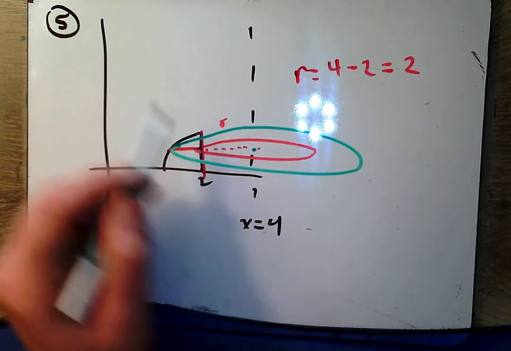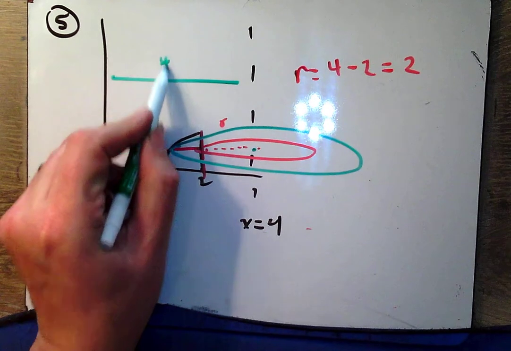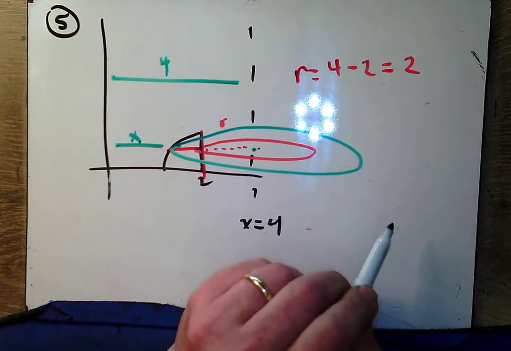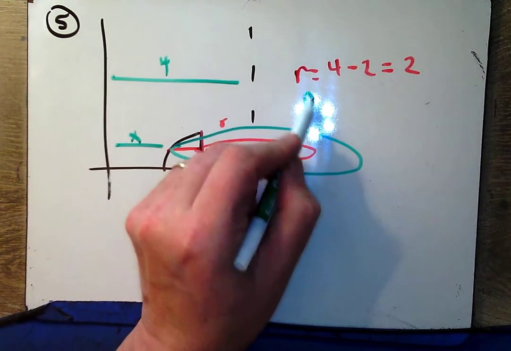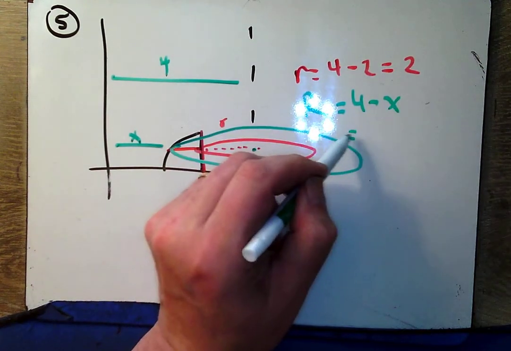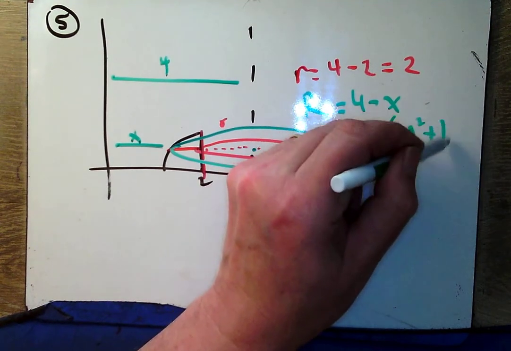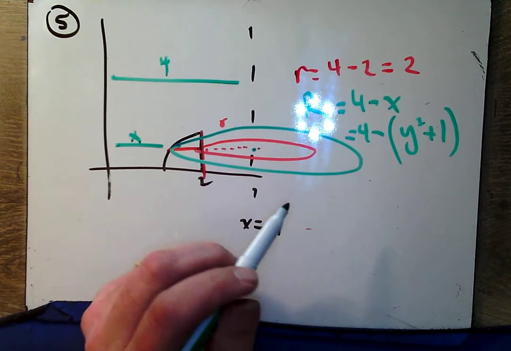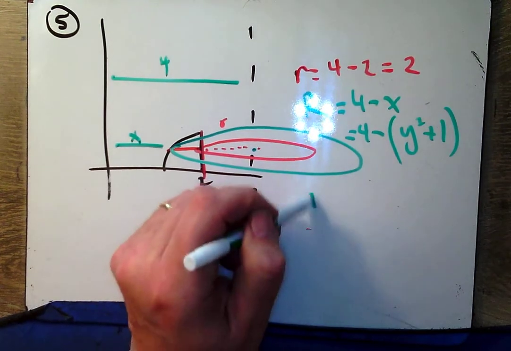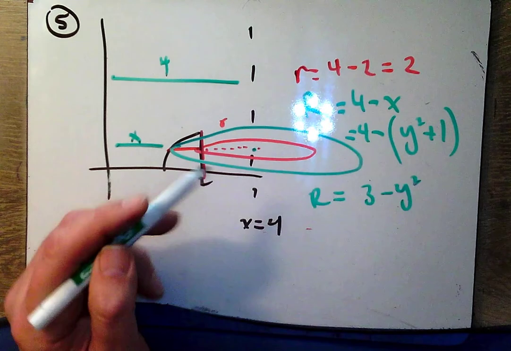It is bigger. So this is x, this is 4. Therefore, my big R is going to be 4 minus x, which is the same as 4 minus y squared plus 1. So if I combine like terms, big R equals 3 minus y squared.